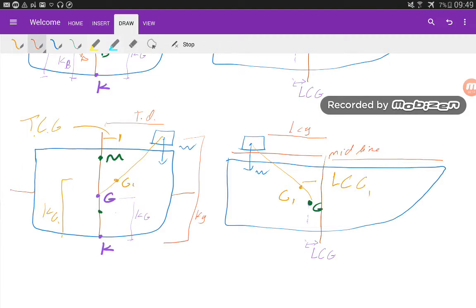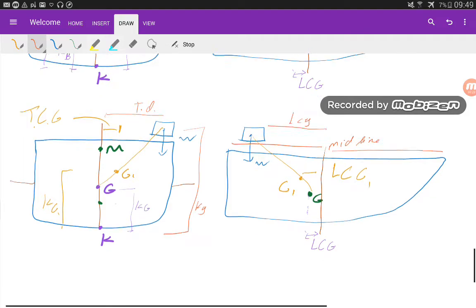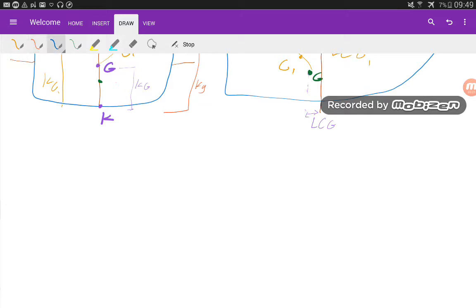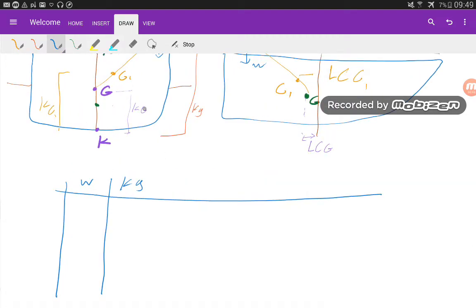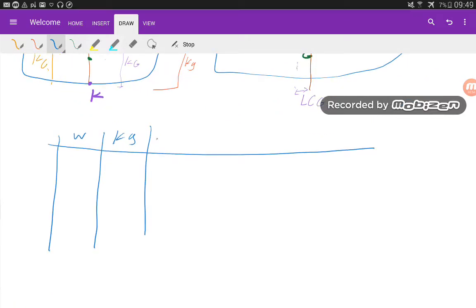Sorry, this one is LCG. To find the position of the center of gravity in 3D, we need to know the 3D position of the cargo we are going to add. So we are going to prepare our table. In the first column, we need our weights. In the next one, KG, or the vertical position of the center of gravity. The next column after that is vertical moment.